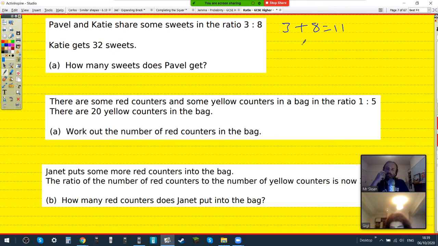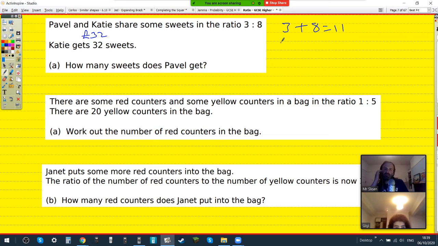So, what if it was a calculator paper? I'm going to change this to £32. All right. So, should I use calculator or not? Yeah, let's use calculator.